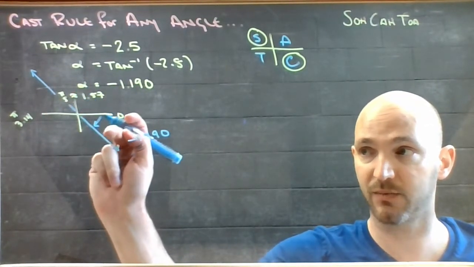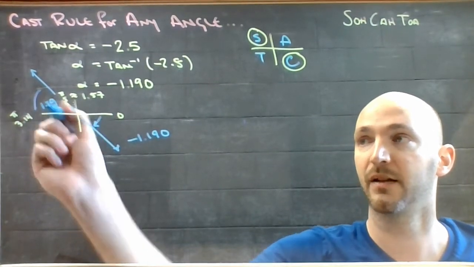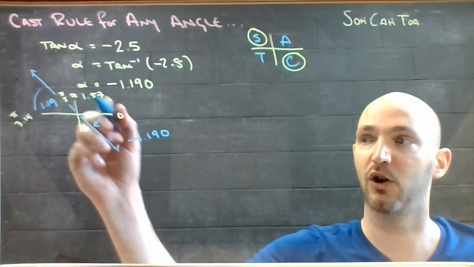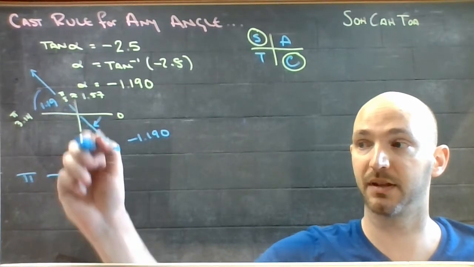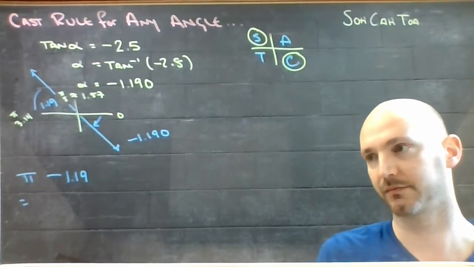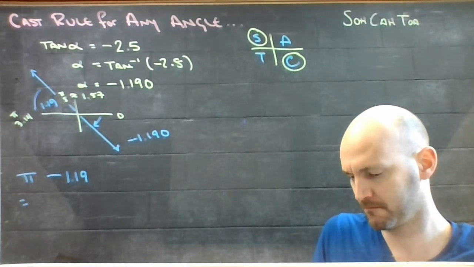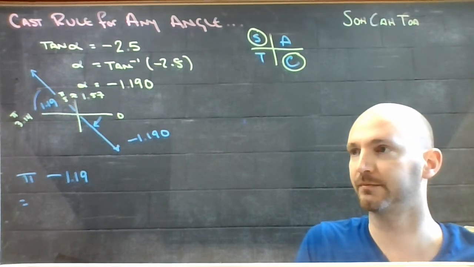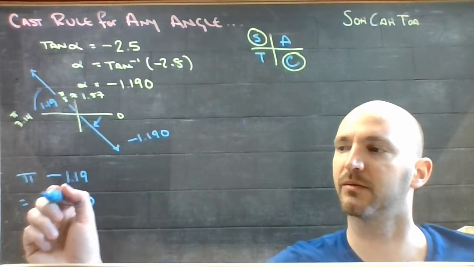So if this is 1.19, then so is this. And so the solution I have up there would be go all the way to pi and then back up this 1.19. Excuse me, 1.95. 1.951 if I round to the right place.